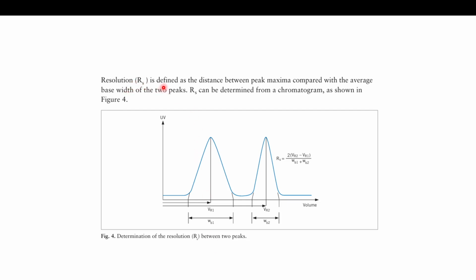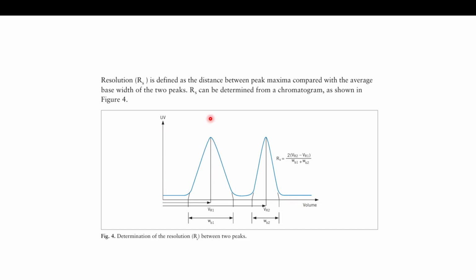Now, resolution. We looked at the resolution. This is the distance between the peak maxima, right? We were looking at the difference between the two peaks relative to the average base width of the two peaks. This is a typical chromatogram, volume versus UV.